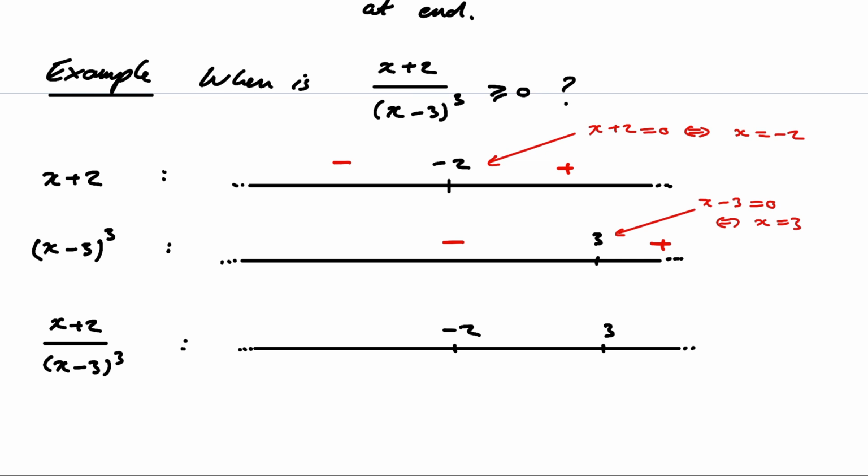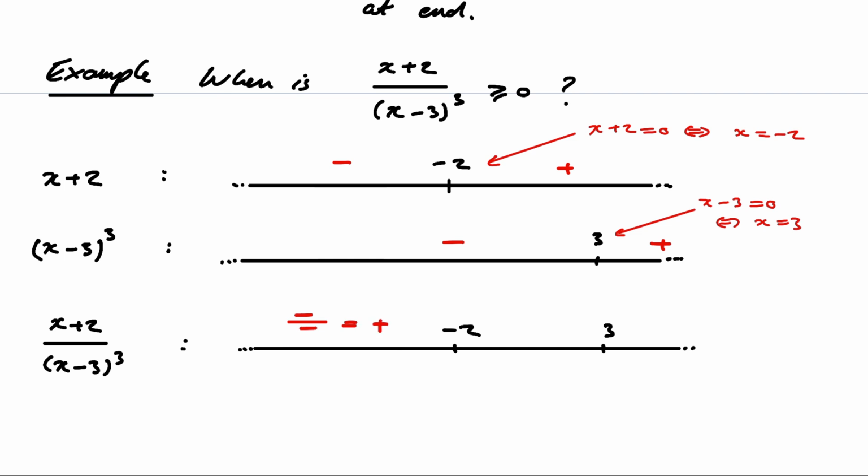So over here, what's happening? Well, I'm taking a ratio of two things, and the x is over here. If I'm on this side, it's a negative over a negative, isn't it? And a negative over a negative is a positive. Interesting.